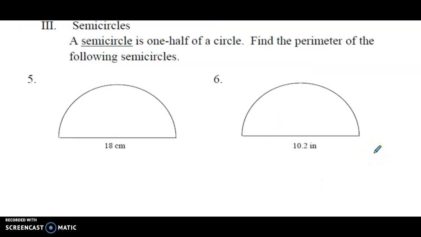All right, for part 3, we are going to do semicircles. A semicircle, by definition, is 1/2 of a circle. And we're going to be asked to find the perimeter of those semicircles, which is the distance all the way around.